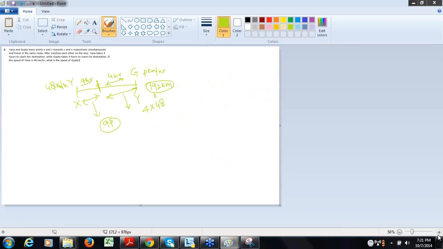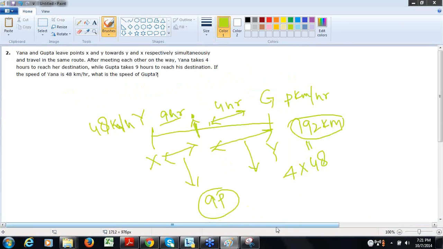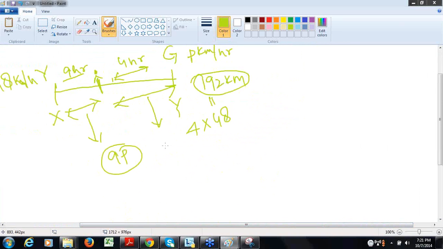Now when they have met, the time taken by both of them should be equal. So when they meet at this point, the time taken by Yana will be 9P, that distance, upon speed 48, which should be equal to the time here.